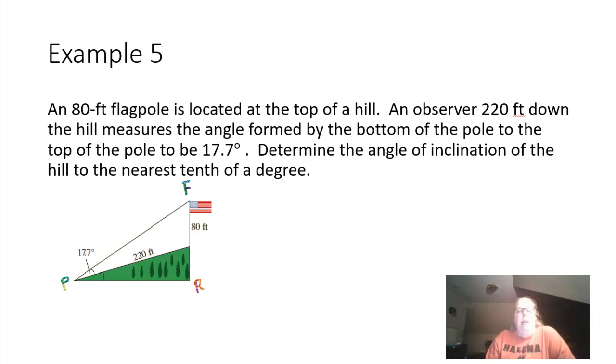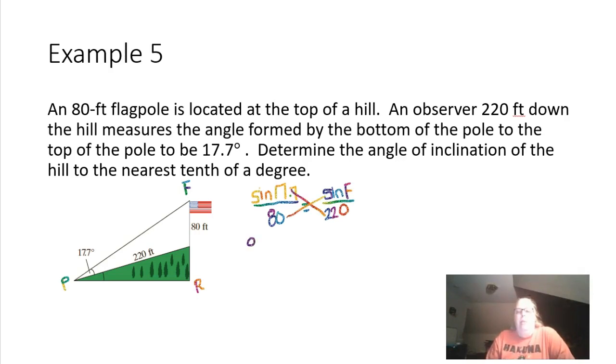Okay, using the law of sines, I know that the sine of 17.7 degrees is to 80 feet, because 80 is across from that angle, the same way that the sine of angle F is related to the 220 feet, which is across from angle F. All right, to solve this, we'll cross multiply.